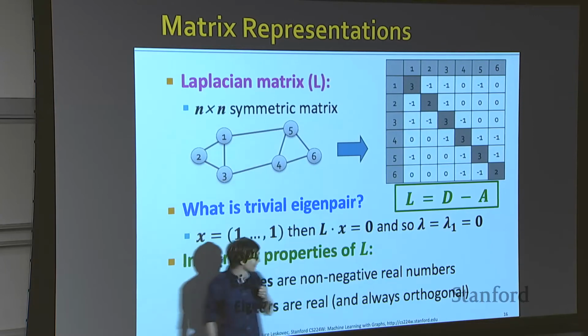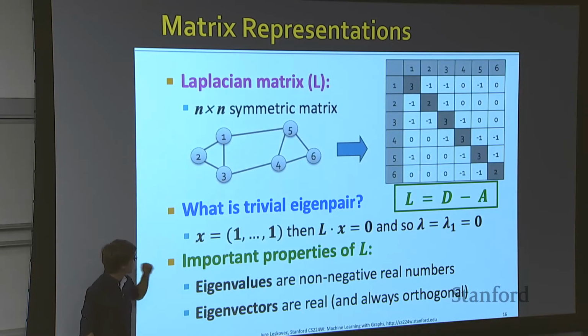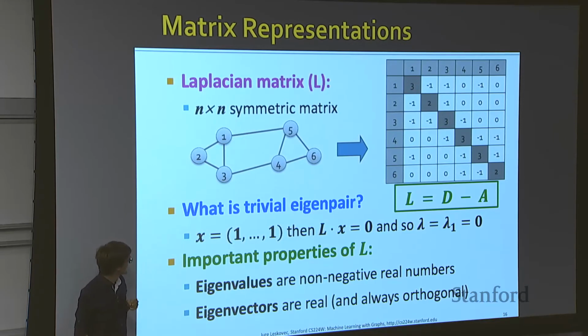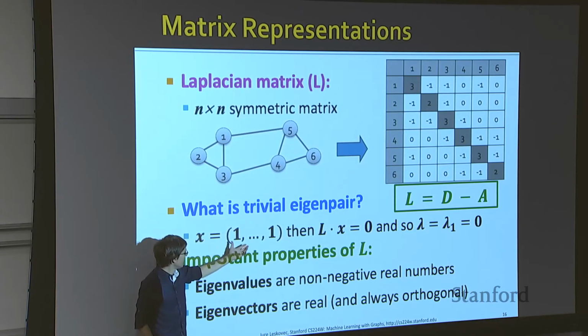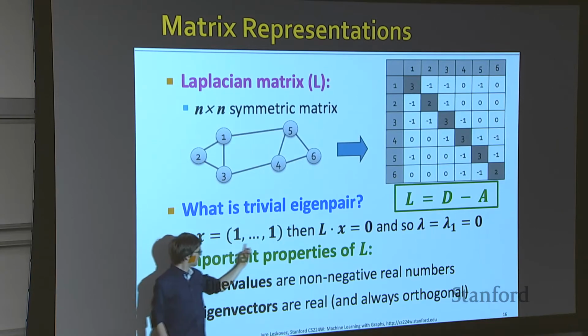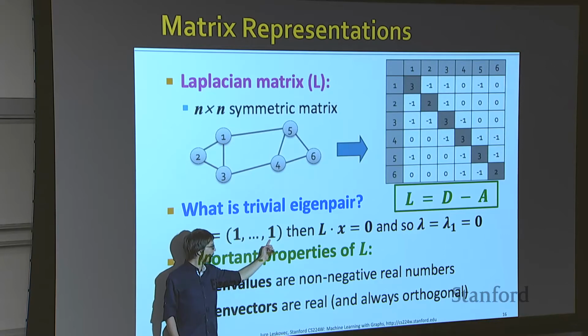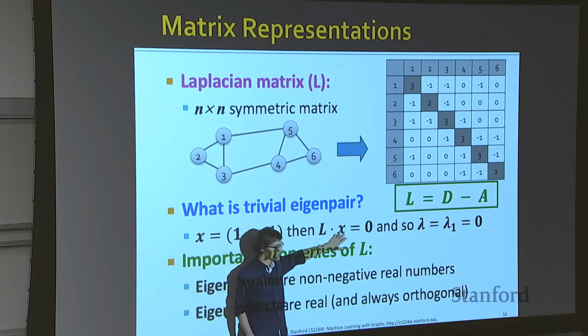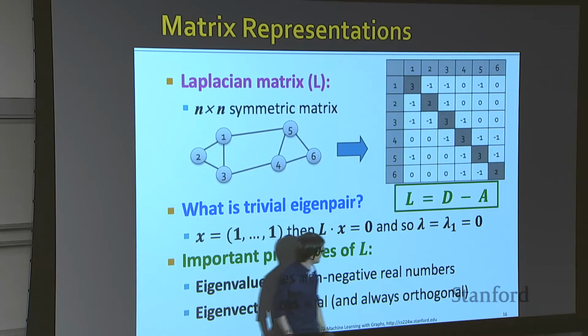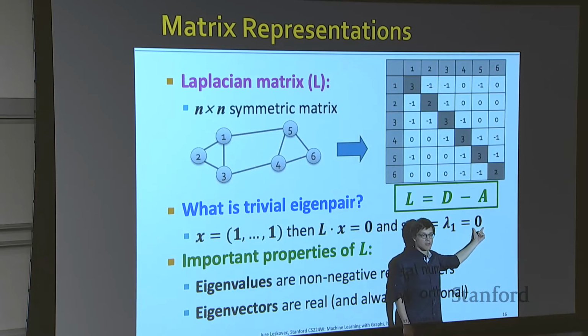What are the important properties of the Laplacian matrix? The first is that the trivial vector of 1, 1, 1, 1 is an eigenvector with the corresponding eigenvalue of 0.